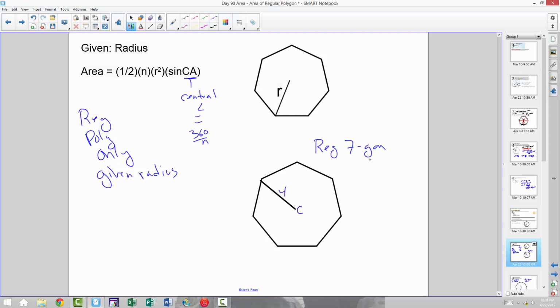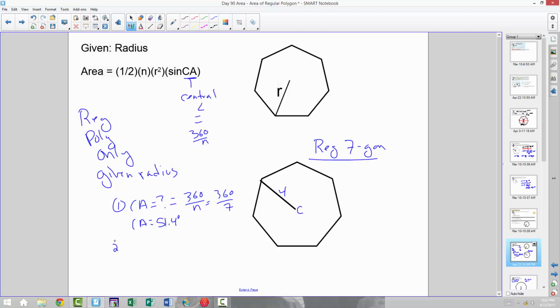Well, the first step, I need to find my central angle, because the central angles were used in this area formula. Well, the central angle is 360 divided by n, which is 360 divided by 7. So 360 divided by 7 is 51.4286, so we'll round it to 51.4. So your central angle is 51.4 degrees.